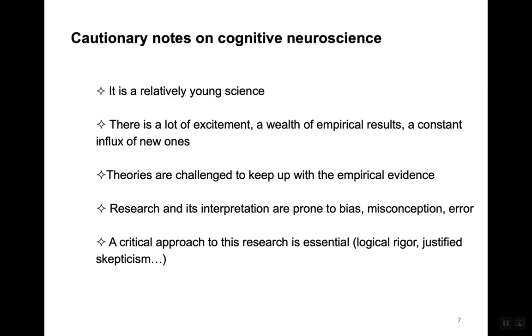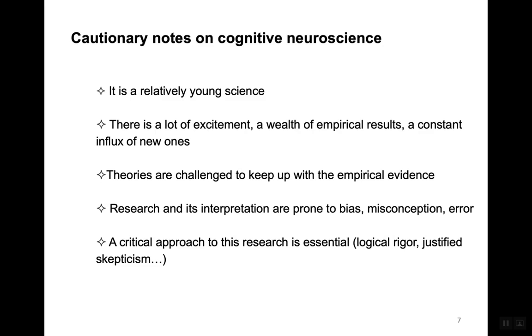And like it is the case with any young science, there is a lot of excitement about it. You can read about neuroscience in popular press, in the media, and this excitement is further encouraged by a wealth of empirical results and a constant influx of new ones that flood the market of news and the market of scientific results.